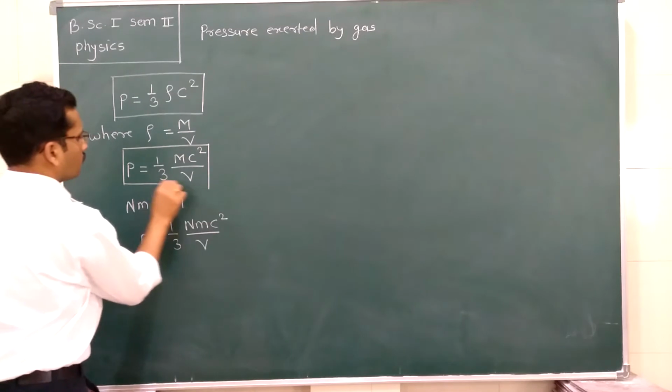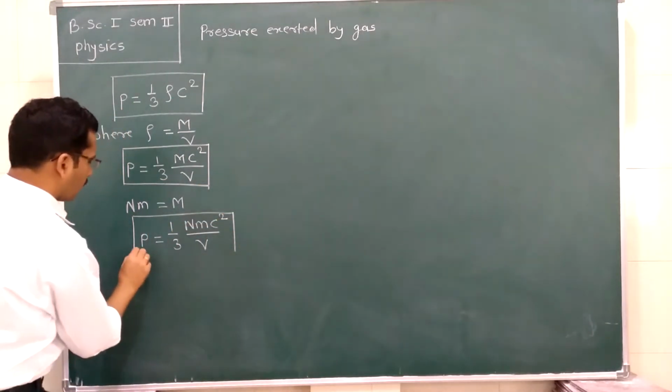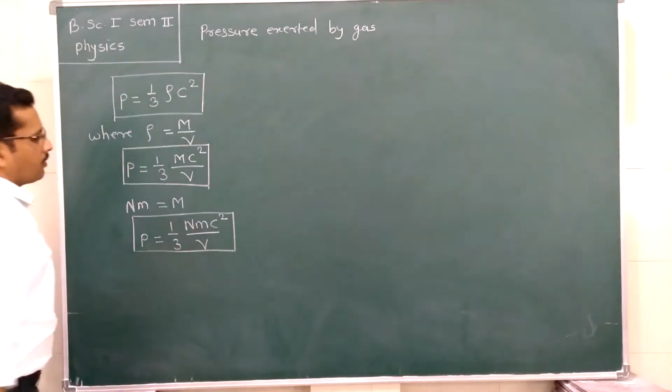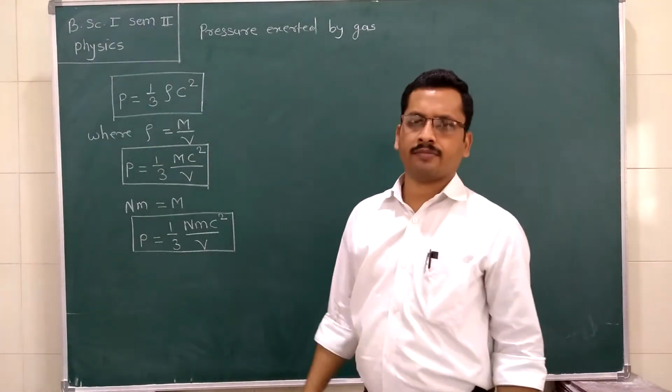So these are the three main equations of the pressure exerted by the gas on the wall of the container.